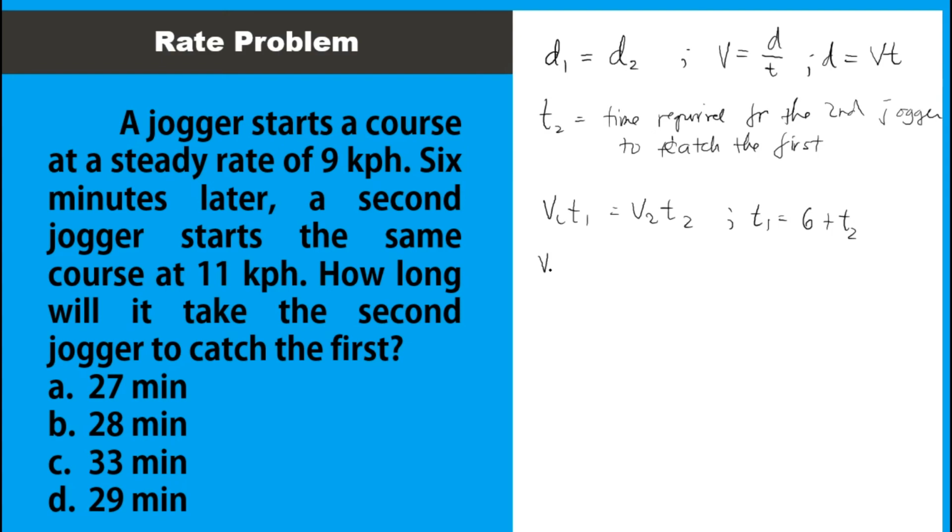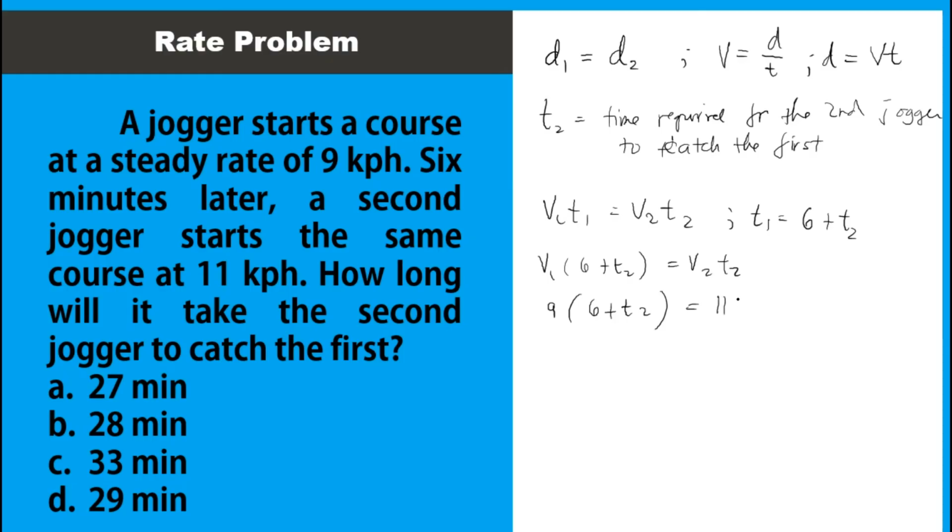We have v sub 1 times t sub 1, that is 6 plus t sub 2, is equal to v sub 2 times t sub 2. The rate of the first jogger is 9 kilometers per hour. So you have 9 times 6 plus t sub 2 is equal to v sub 2, the rate of the second jogger, which is 11 kilometers per hour.